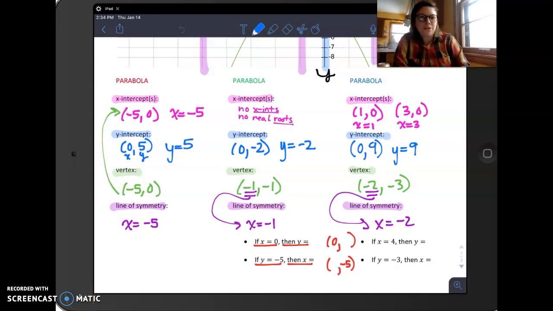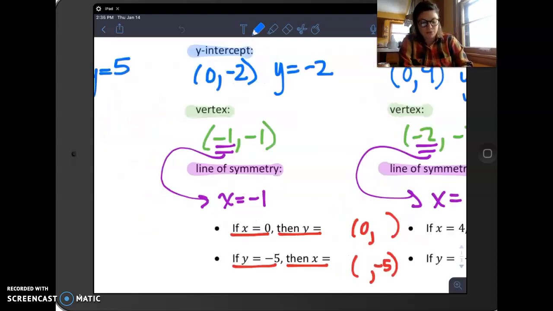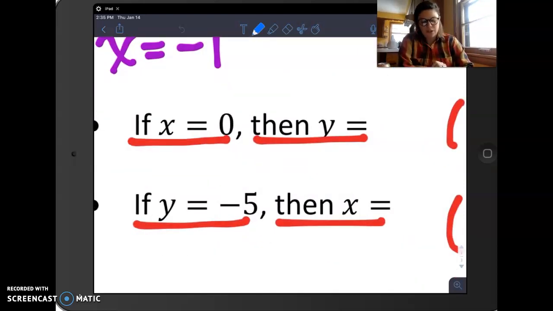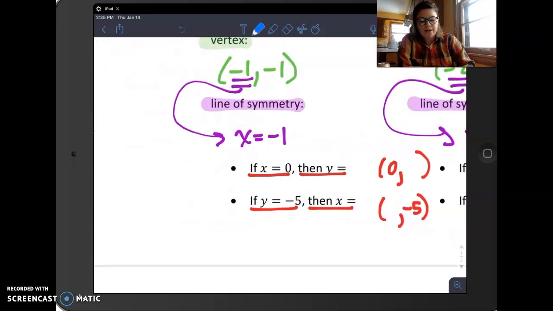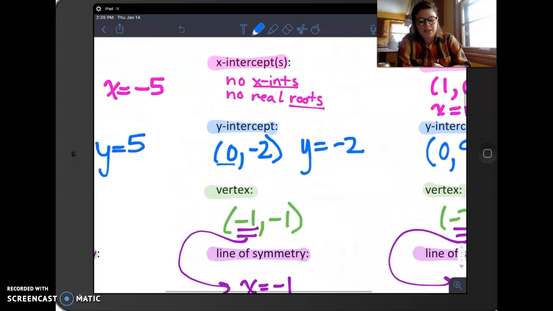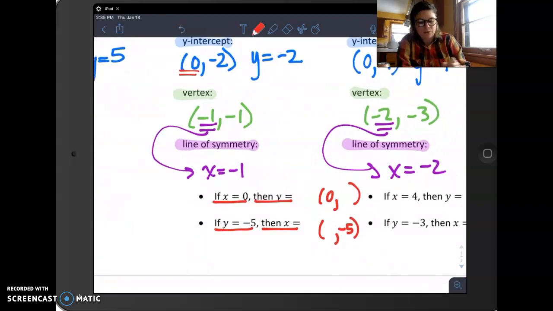So we got a little confused when we got to the point where we were going to answer these kinds of questions. So when x equals 0, if we look back up here, we can see that this point right here has x equal to 0. And that's one of the ways to define a y-intercept, is when x is equal to 0.